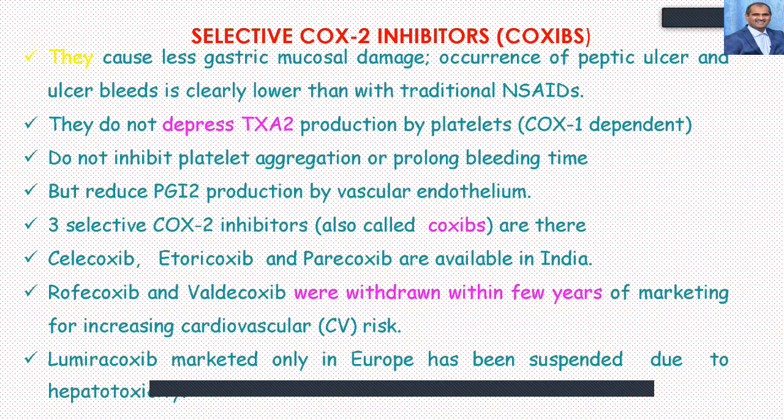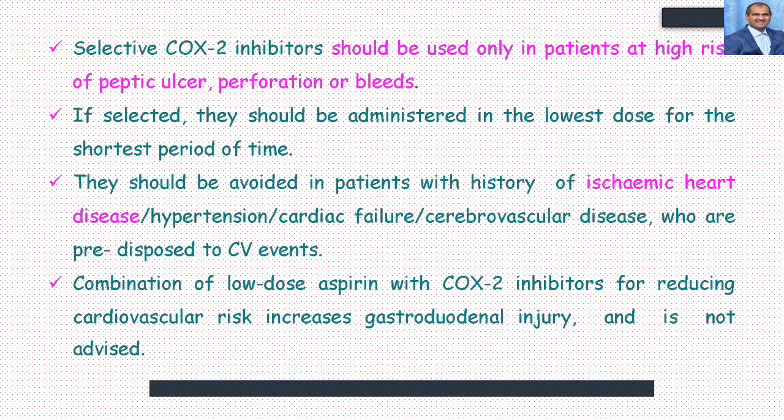So even though the selective COX-2 inhibitors are not causing any gastric problem, they are causing other problems like kidney toxicity and also cardiac toxicity. The selective COX-2 inhibitor should be used only in patients at very high risk of peptic ulcers, perforation and bleeding.